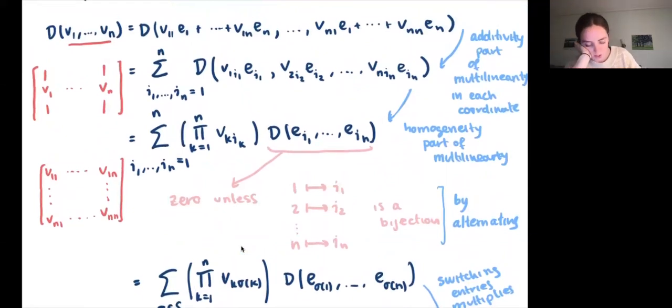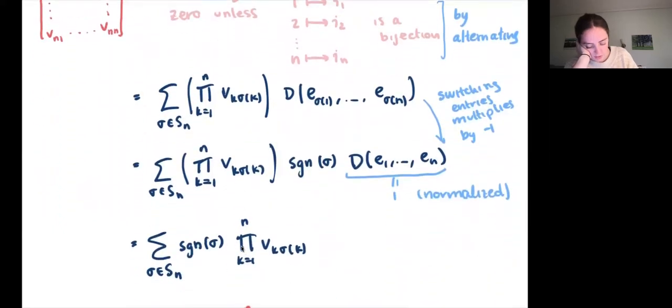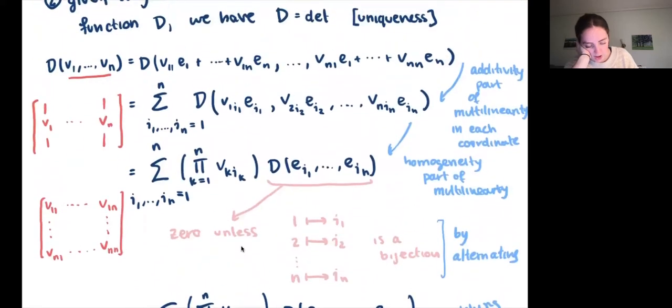Let me just run back through this. So V_k sigma k, we'd be looking at the kth vector, V sigma kth entry.